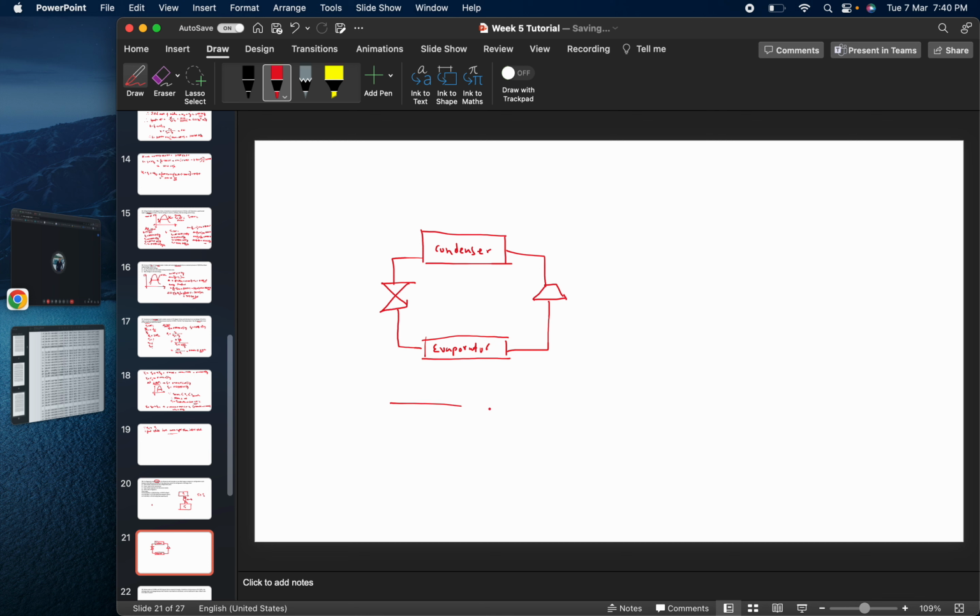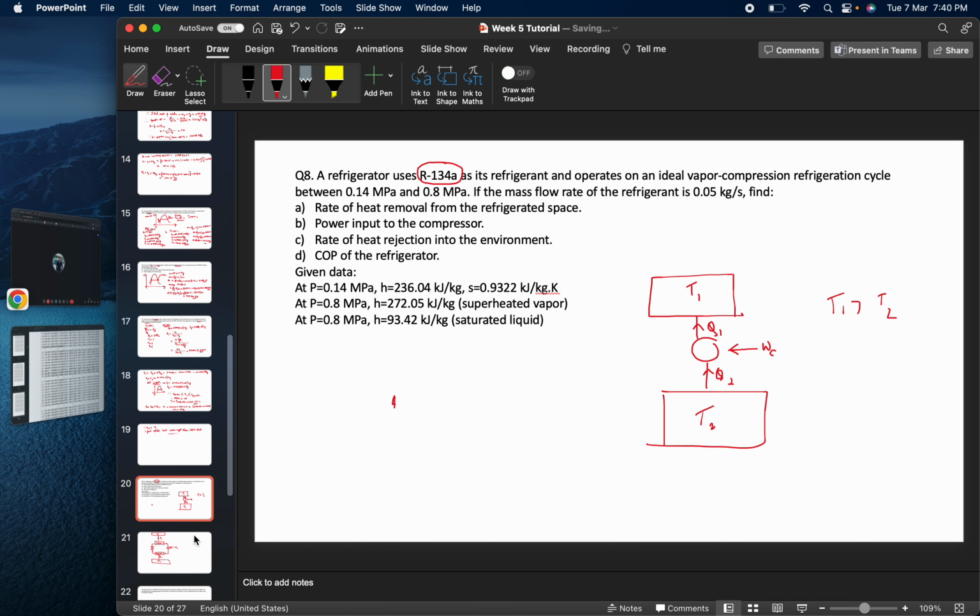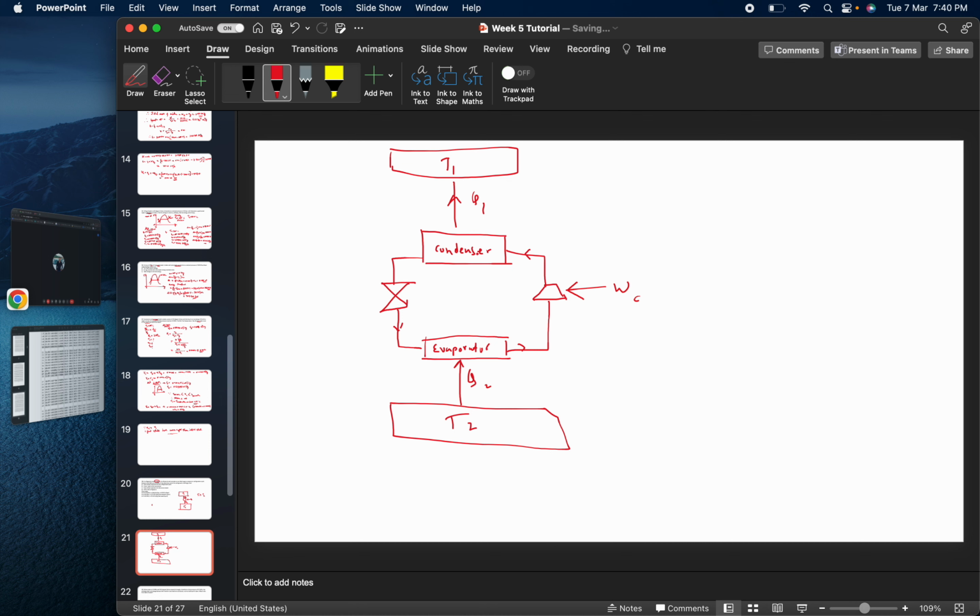And this is my T2, which takes Q2 heat, and this is my T1, which gets Q1 heat. And this compressor does the work of compression. This is the circle which we saw previously, and this operates on the vapor compression cycle. This is what it is telling us.